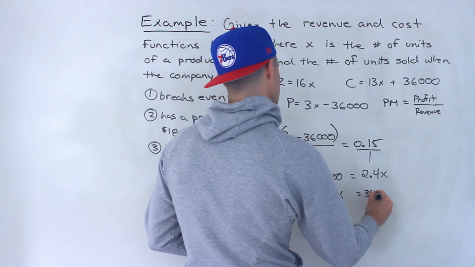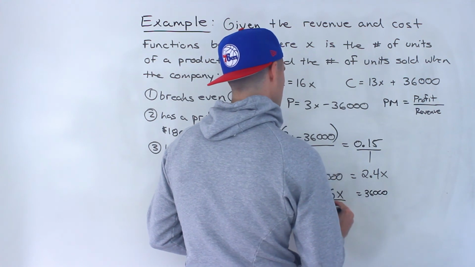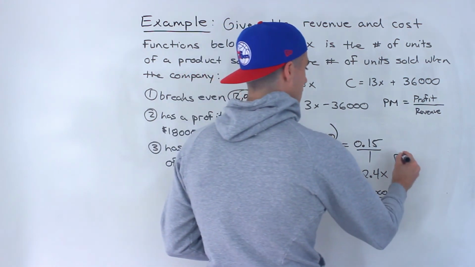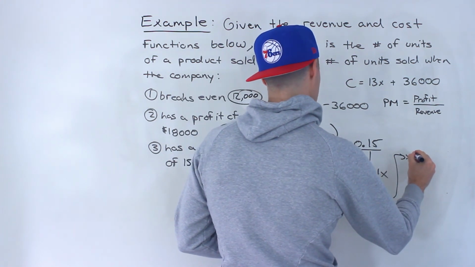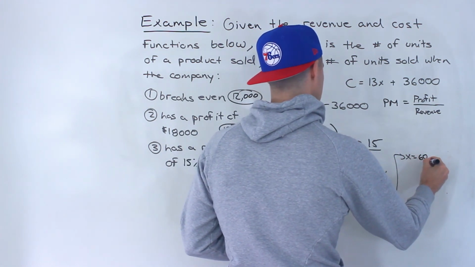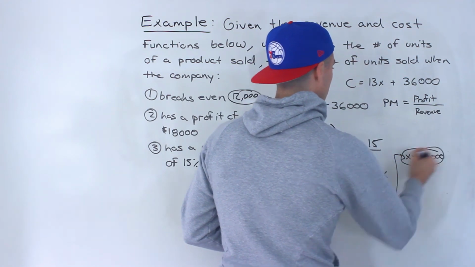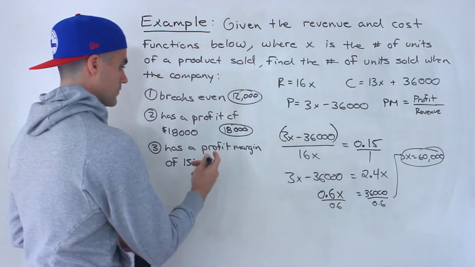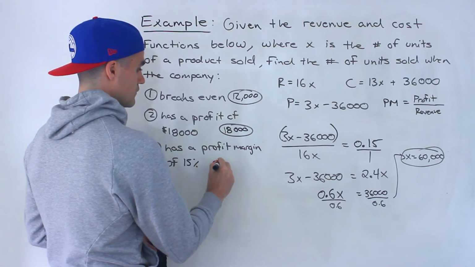That's going to be 36,000. Divide both sides by 0.6. x would end up being 60,000. So that's the number of units sold if the company has a profit margin of 15%.